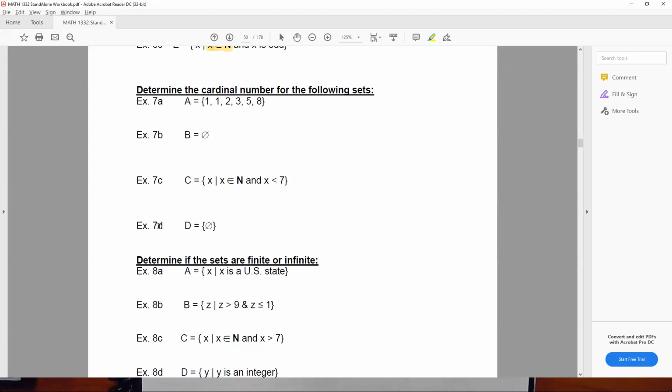So if it's empty, that's infinite. Well, it'd be 0. There's nothing in there, right? Because a cardinal refers to how many things are there. If there's nothing, then there's nothing. So this one would be 0.